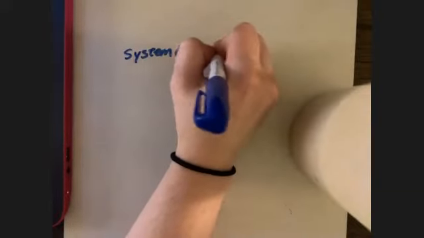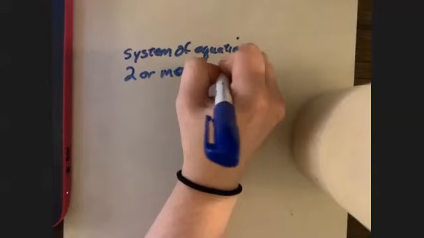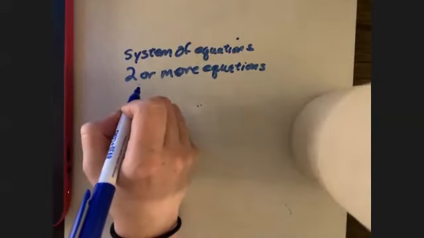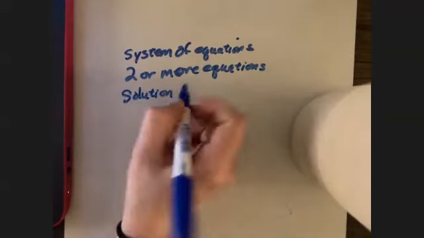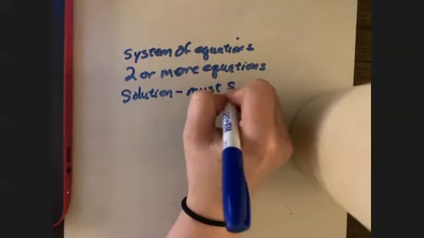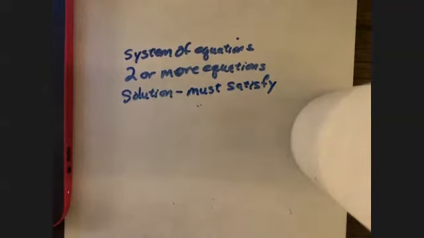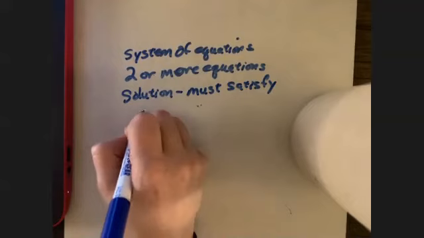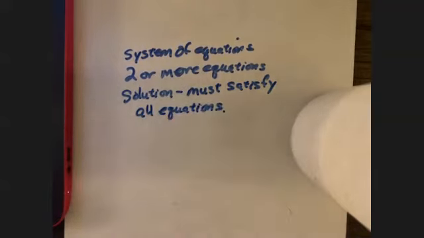Okay, so now when we talk about a system of equations, a system of equations is two or more equations, okay, and a solution must satisfy all equations, okay, which means it has to work in order to be a solution.